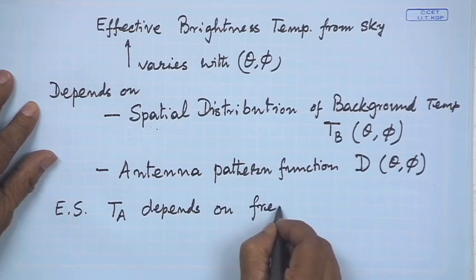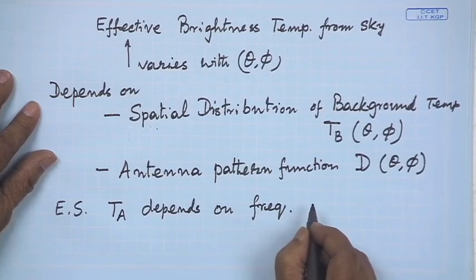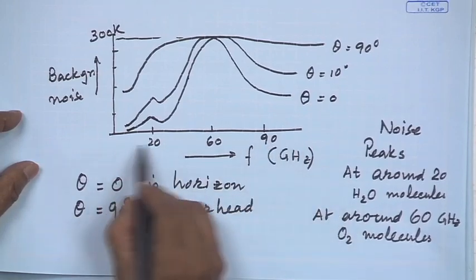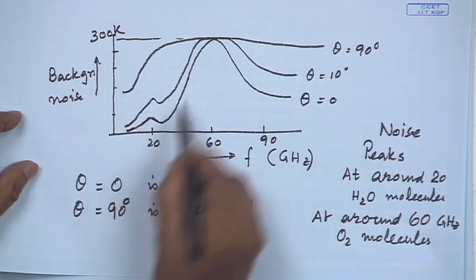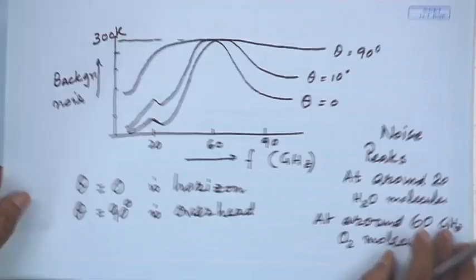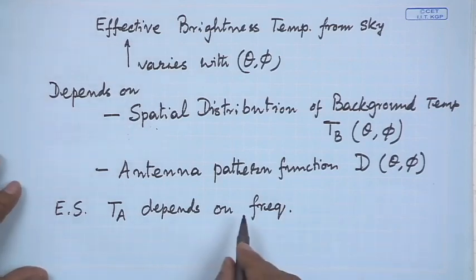One is frequency. We have seen the curve, it varies with frequency. The background temperature varies with frequency as we change. There are certain peaks, some small lower temperatures also there, some places.